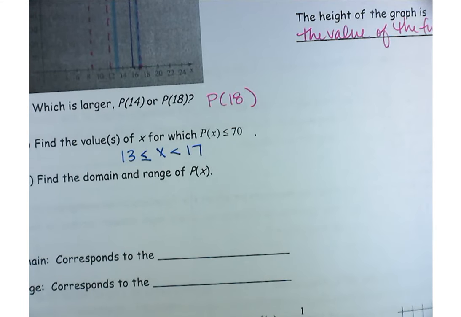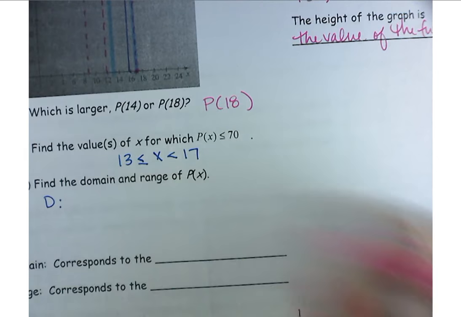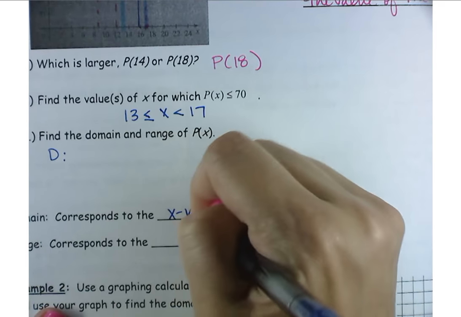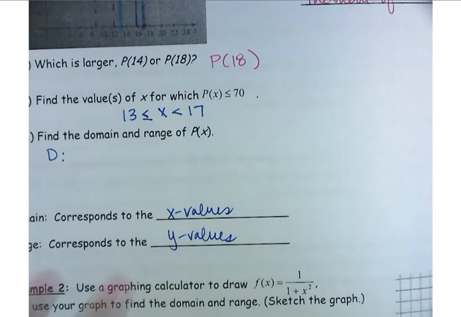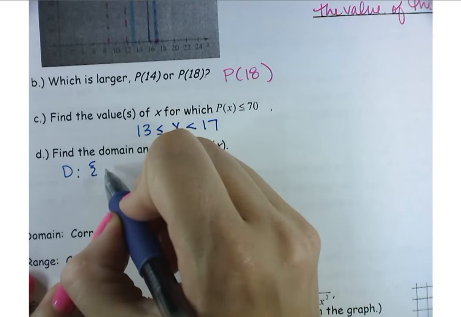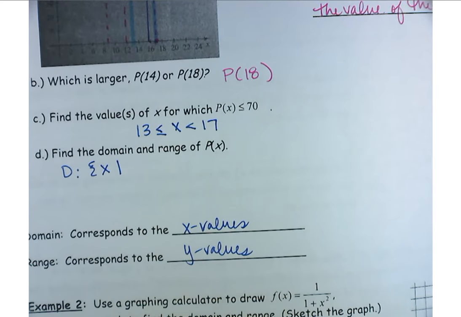All right, so now we're going to do the domain and the range. So the domain is the set of what? X values. So the domain corresponds to the X values. The range corresponds to the Y values. So for this, we can say X such that, and what is our lowest X value?